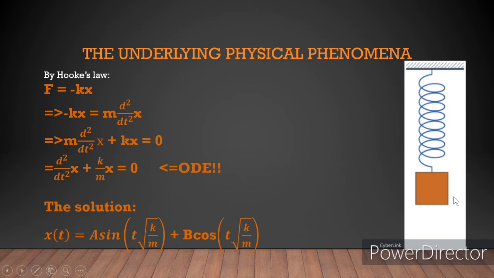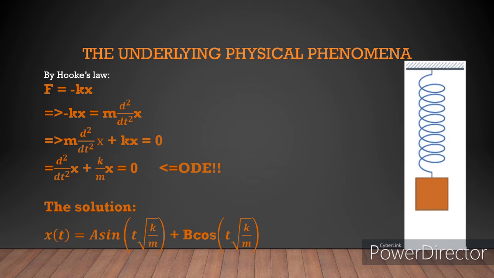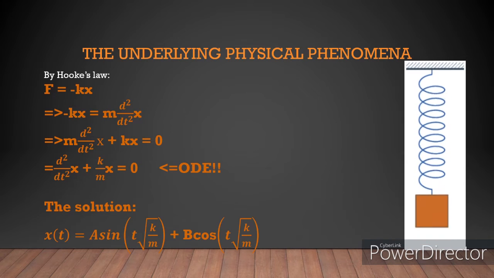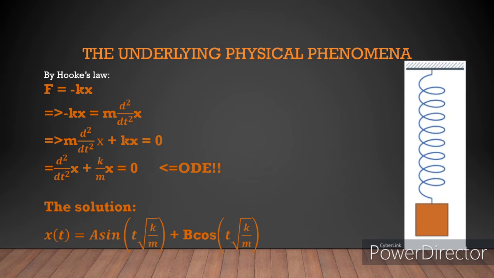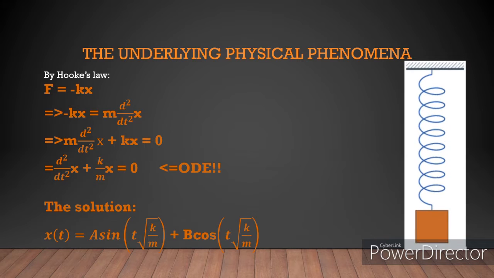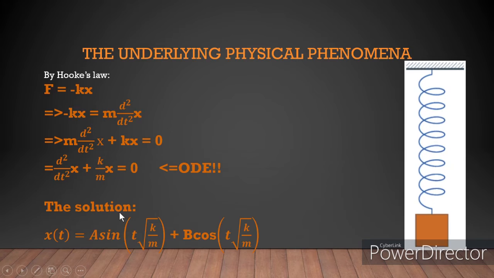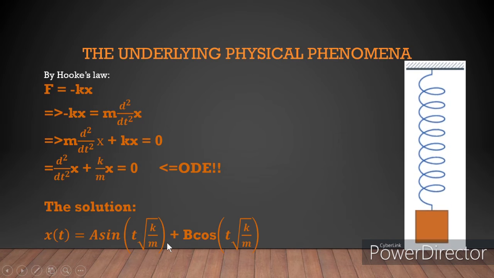Like the picture illustrates, the spring can vibrate in a constant period. If we know the parameters of the spring, theoretically we can calculate the time by seeing how many times the spring vibrates. The solution of the ODE is this. A and B are arbitrary numbers.